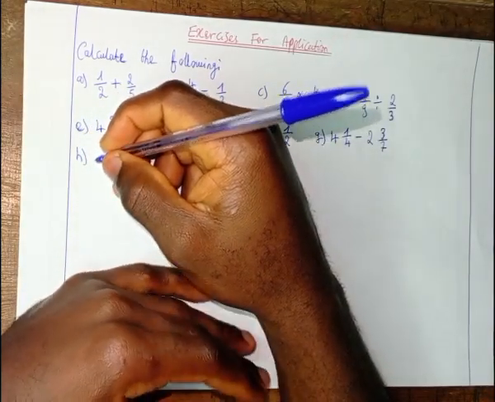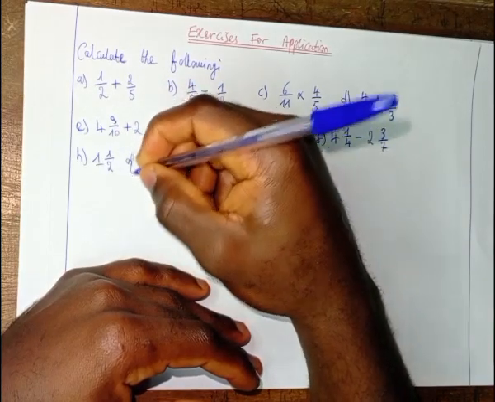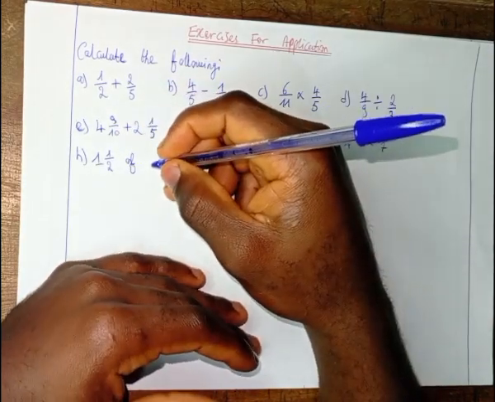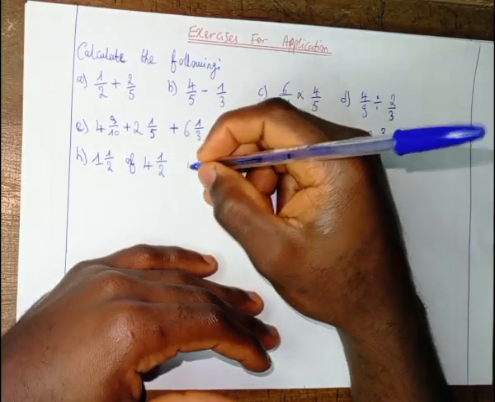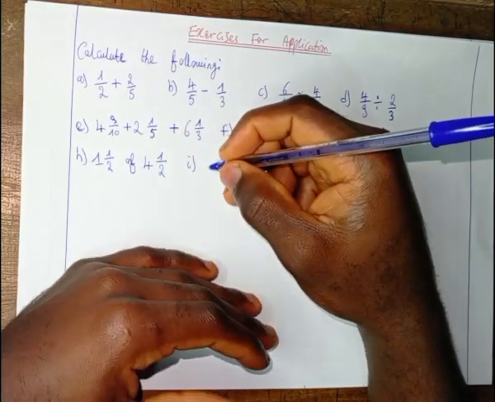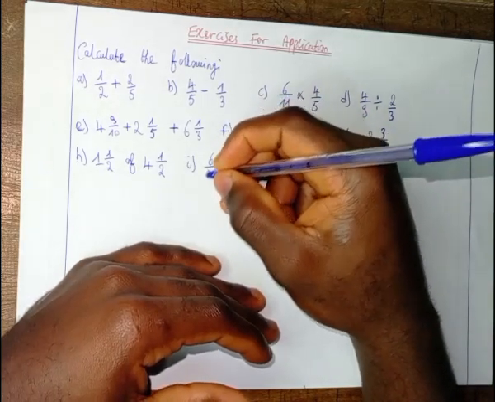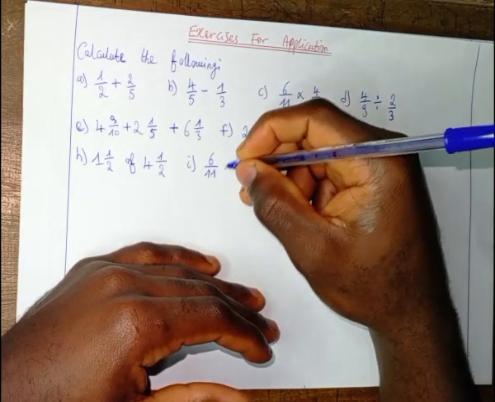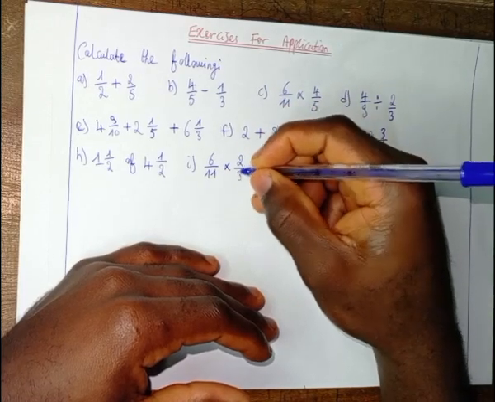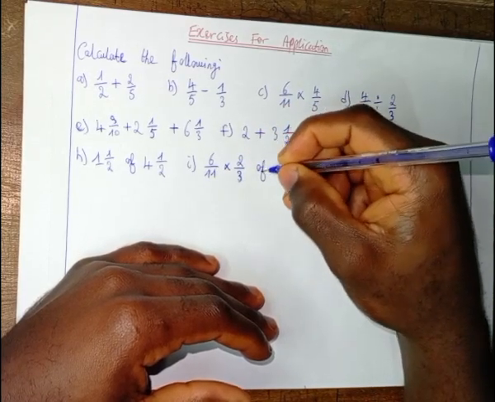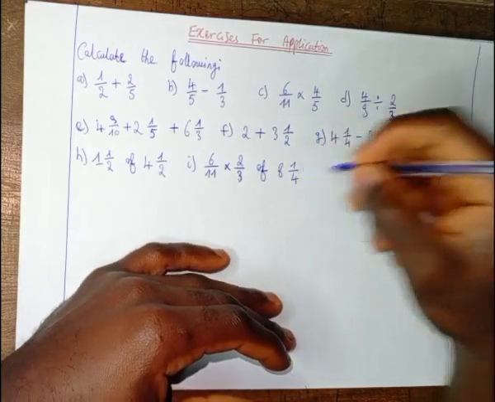H, we have 1 and a half of 4 and a half. I, we have 6 over 11 times 2 over 3 of 8 and 1/4.